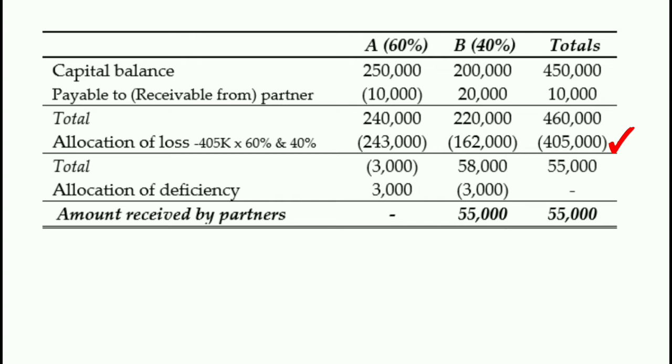For B, negative 405,000 pesos times 40%, that is equal to negative 162,000 pesos. The capital of A after allocating the loss is negative 3,000 pesos. And the capital of B after allocating the loss is 58,000 pesos for a total of 55,000 pesos. 58,000 pesos minus 3,000 pesos, that is equal to 55,000 pesos.